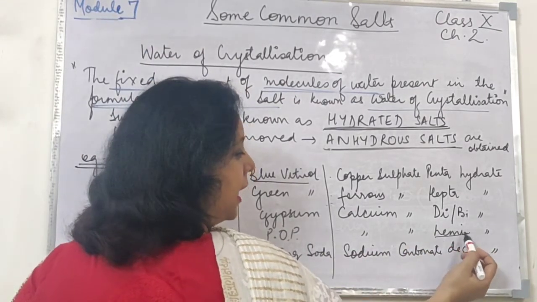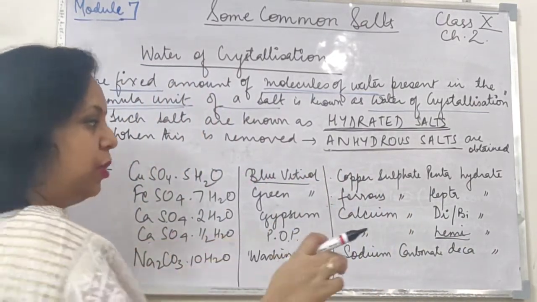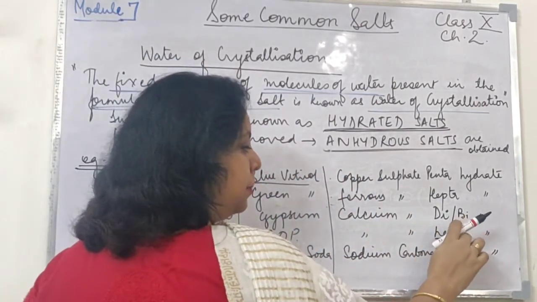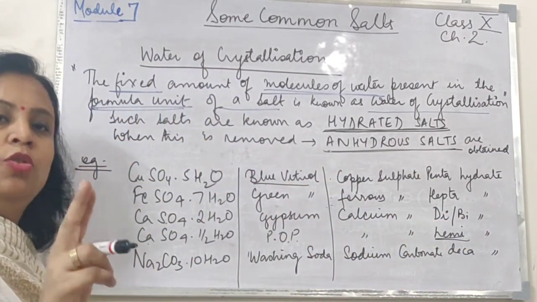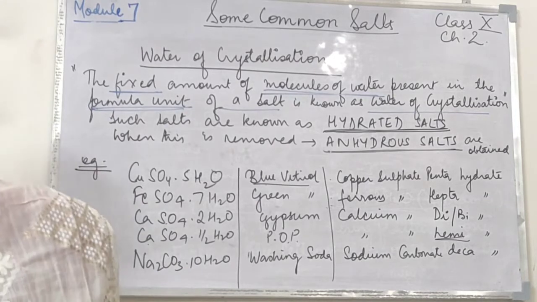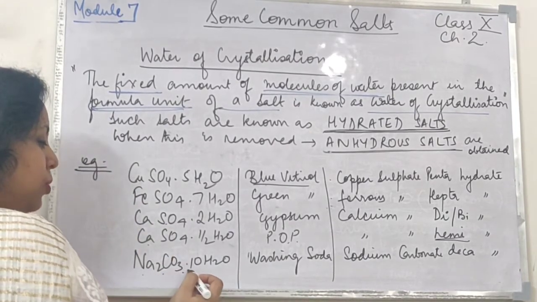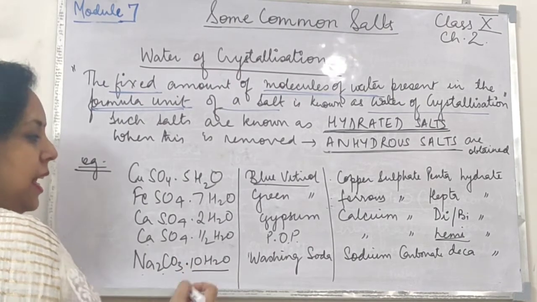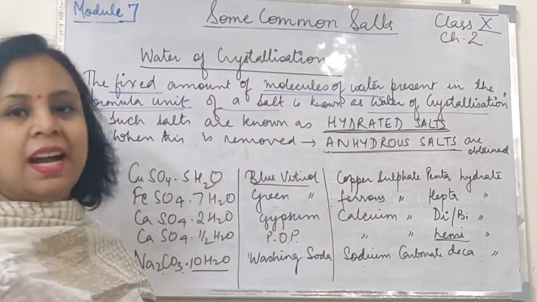Now over here, hemi means per molecule there is half a molecule of water. Actually, one molecule of water is being shared between two molecules of calcium sulfate. Last but not the least, washing soda Na2CO3.10H2O, which is sodium carbonate decahydrate.